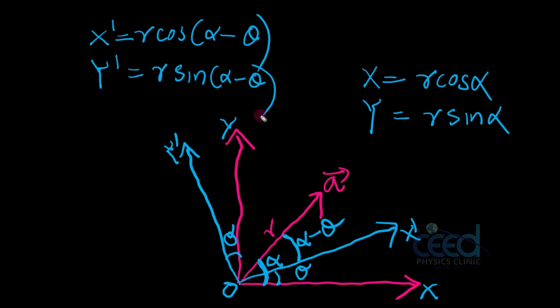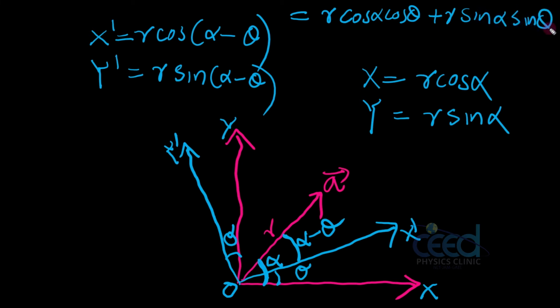Now I can expand this x dash and y dash. Here I can write r cos(a minus b), which is cos a cos b plus sin a sin b, that is r cos alpha cos theta plus, r is common, so I can take it common for both terms, r sin alpha sin theta.